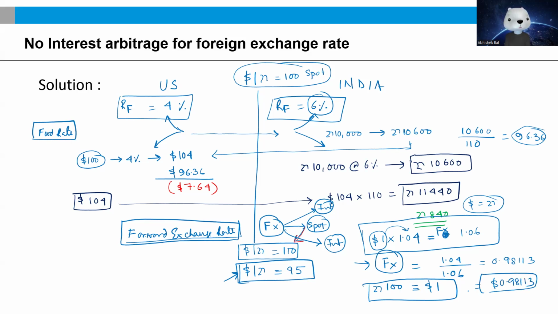You could do the reverse as well. Simply putting in FX into 1.04. Mind you, this FX happens to be the forward rate, not the spot rate, okay? Is equal to 100, because it's 100 rupee for every dollar, right? Into 1.06. And this FX will now become 100 into 1.06 divided by 1.04.